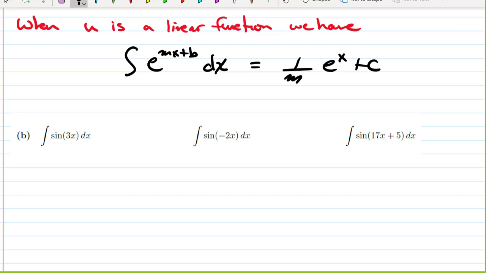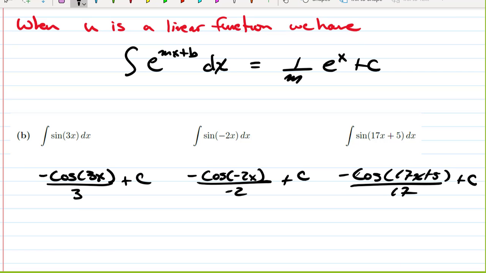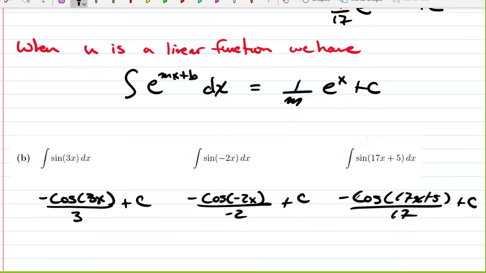So we would have the antiderivative of sine is negative cosine 3x, but now we have to divide by the derivative of 3x, which is 3, plus c. Here we're going to have cosine of negative 2x divided by negative 2 plus c, and our last one is going to be negative cosine of 17x plus 5 divided by 17 plus c, which was the same thing that we got here. We divided by 3, negative 2, and 17.